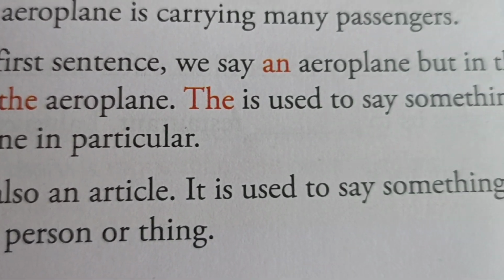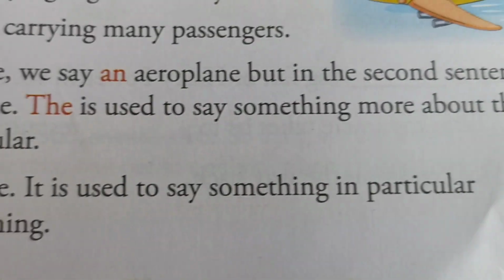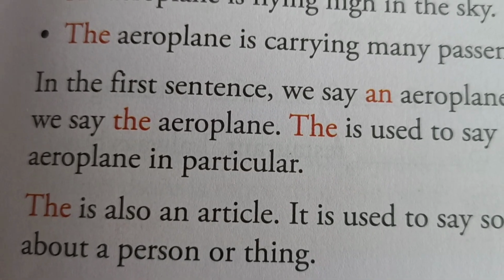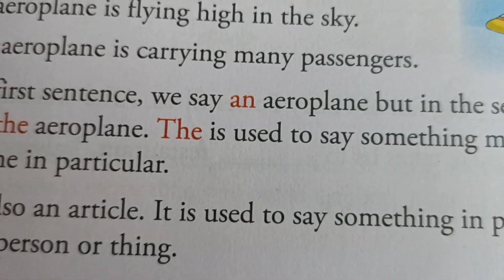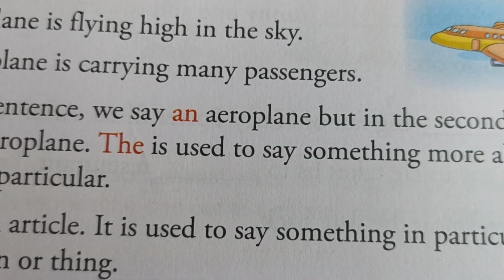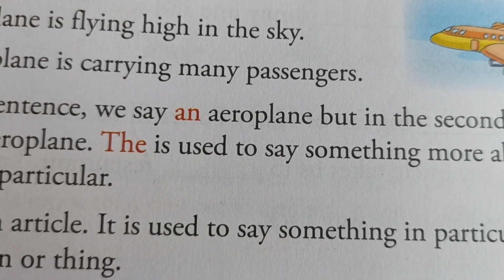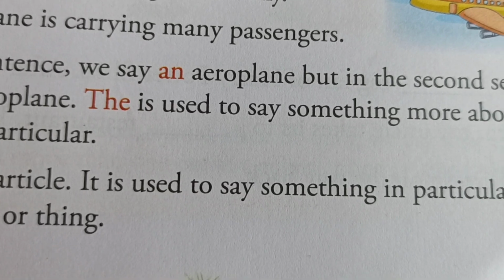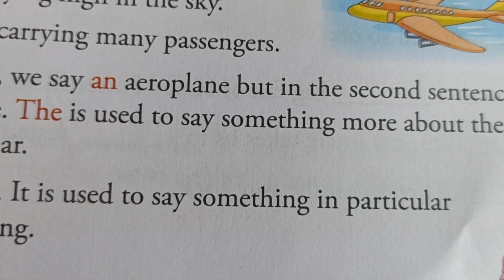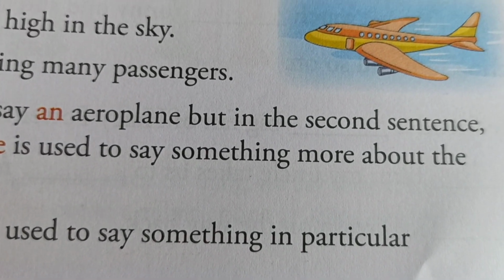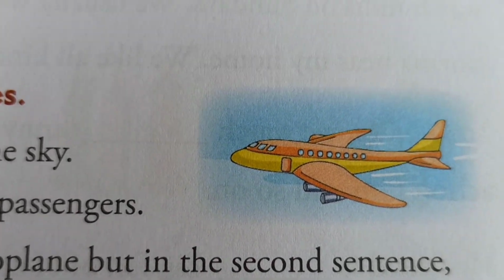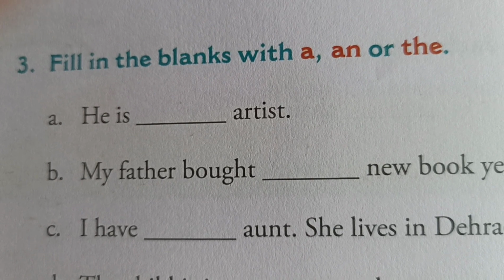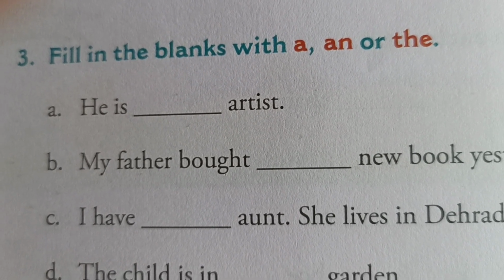It is used to say something in particular about a person or a thing. When we give particular, special information about an animal, person, thing or place, at that time we use "the".